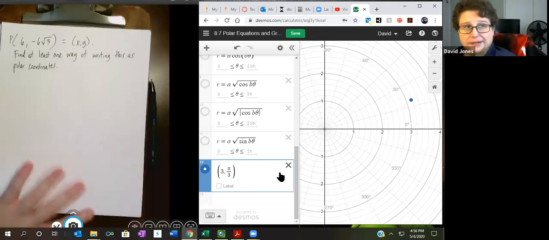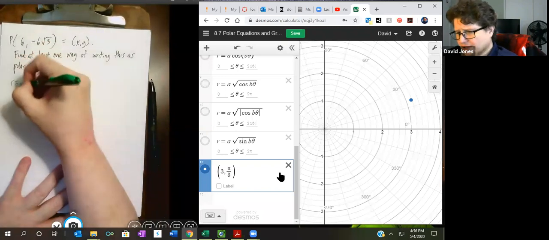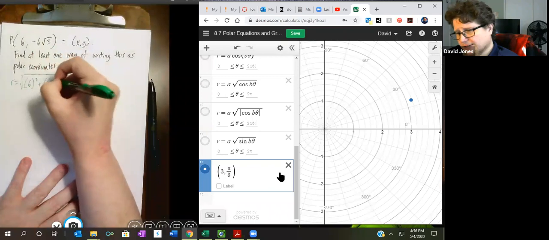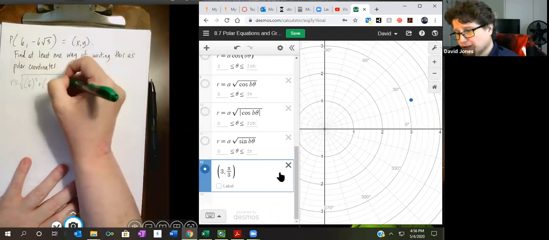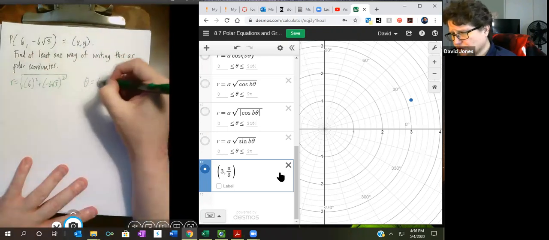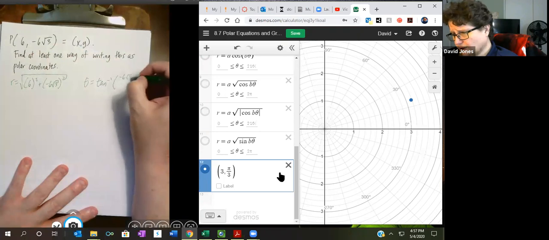And we just discussed how to do it. R is the square root of 6 squared plus negative 6 root 3 squared. Theta equals tangent inverse of negative 6 root 3 over 6.